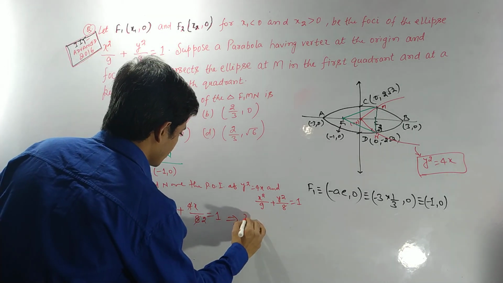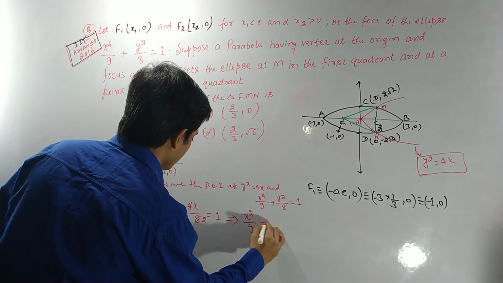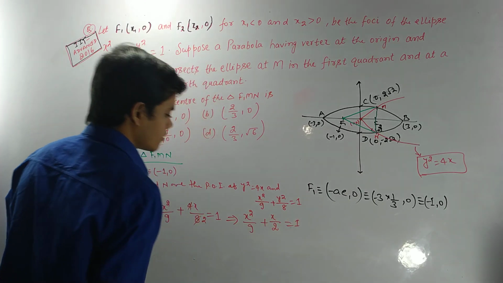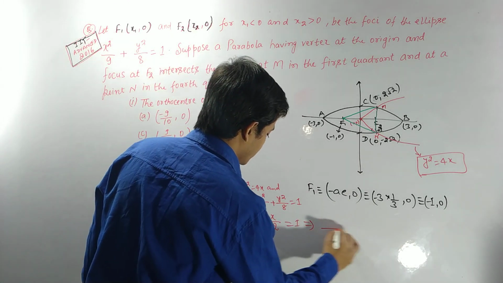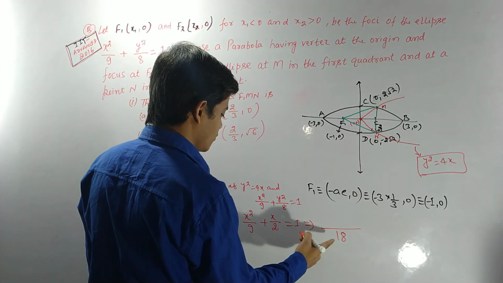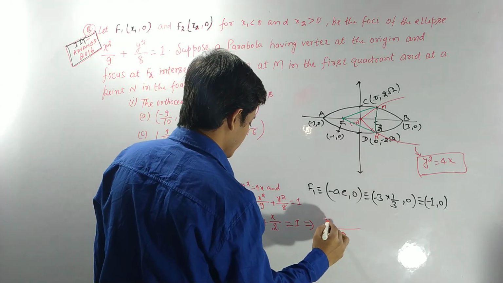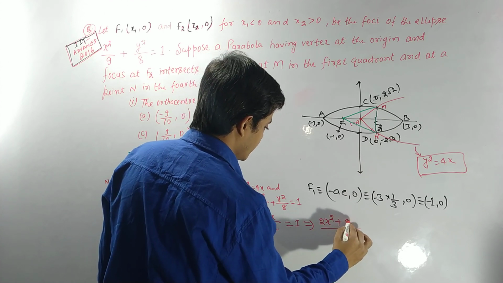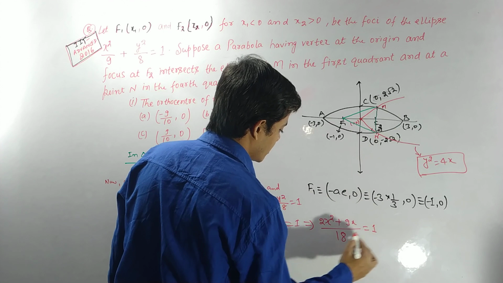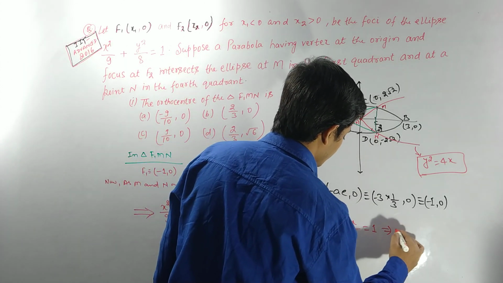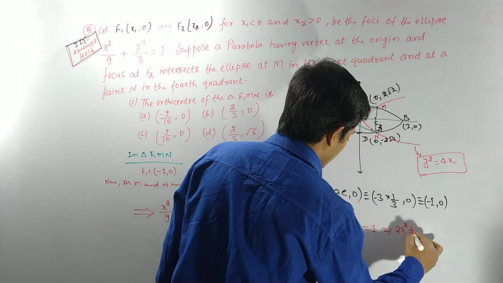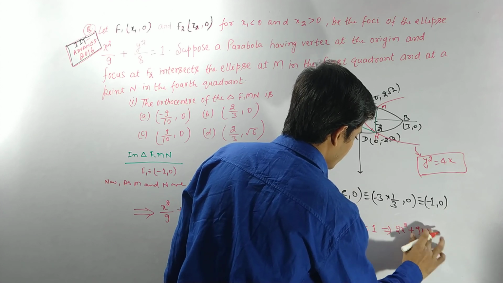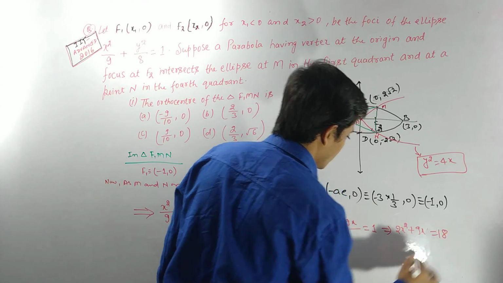So finally it would give you x square upon 9 plus x upon 2 is equals to 1. You can take the LCM, then it will give you 2x square plus 9x is equals to 18.